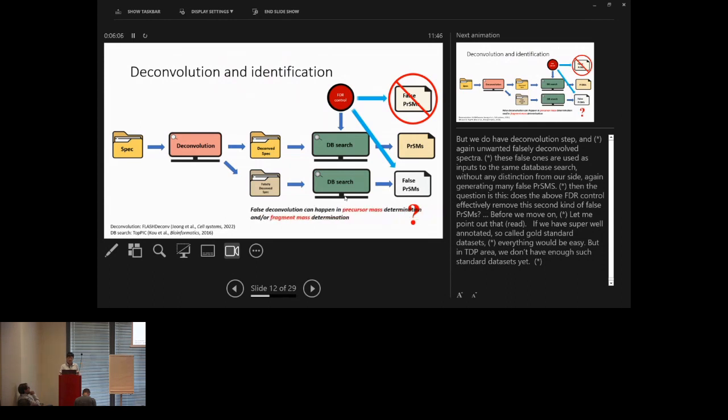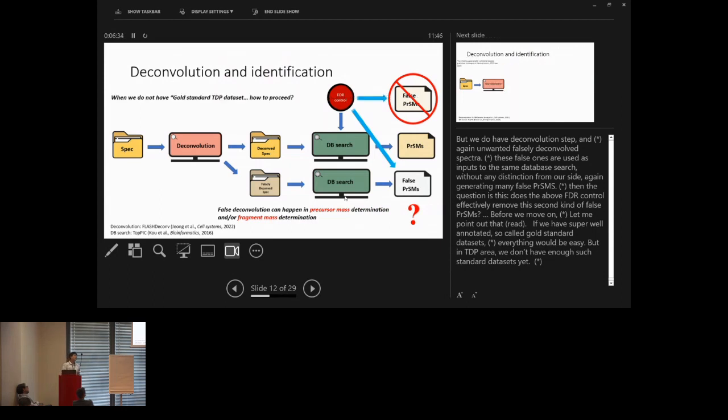The false convolution can happen in precursor mass determination and/or fragmentation determination. In other words, deconvolution not only deconvolves the precursor, but also the fragment masses. So this falsely deconvolved spectrum can contain precursor mass error, fragment mass error, or both. This is one important point.